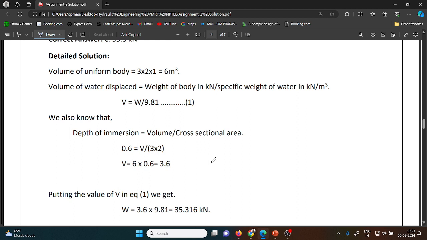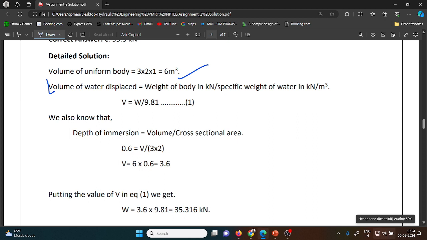Yes, sir. The volume you know already, 6 meter cube. And the volume of water displaced, this is the Archimedes principle, is equal to the weight of the body.